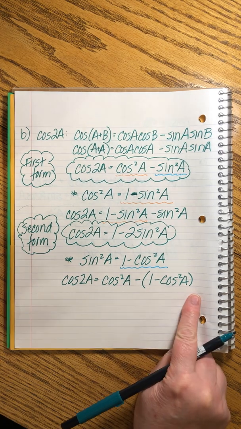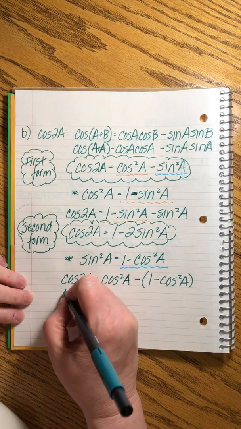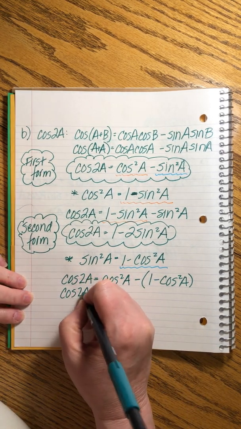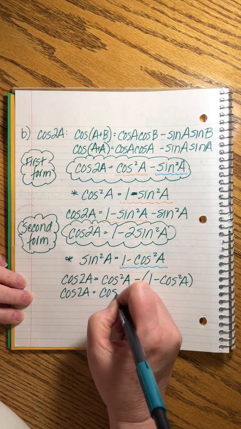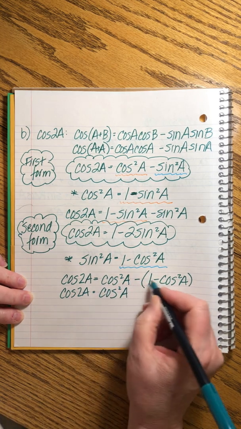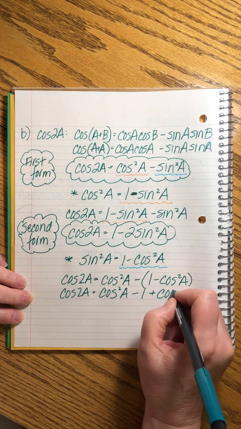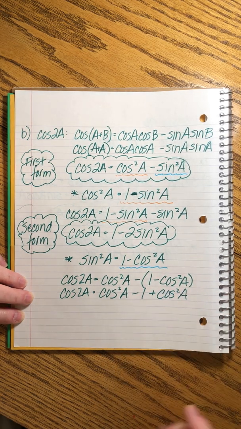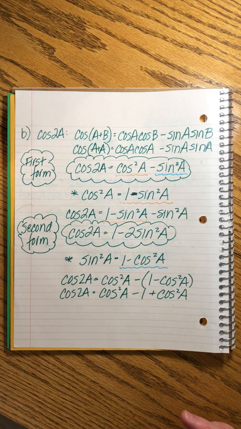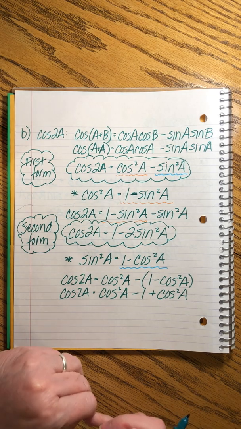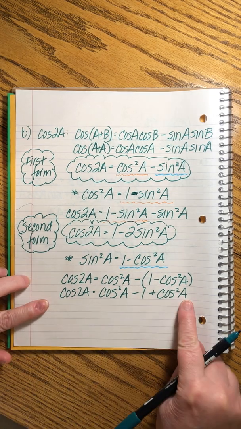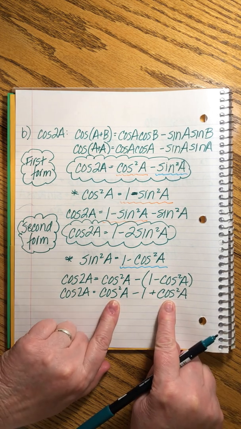So then let's distribute that minus sign. It'll be minus 1 and then plus cosine squared A. And now for my final version of this, I'm going to add these two cosine squared A's together, right?